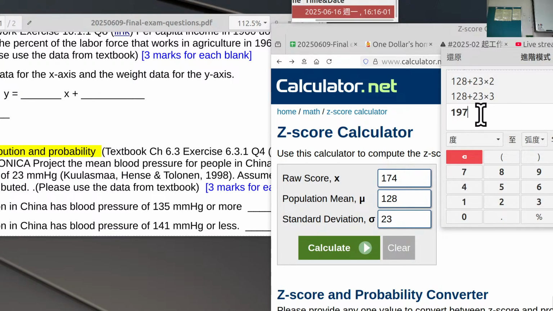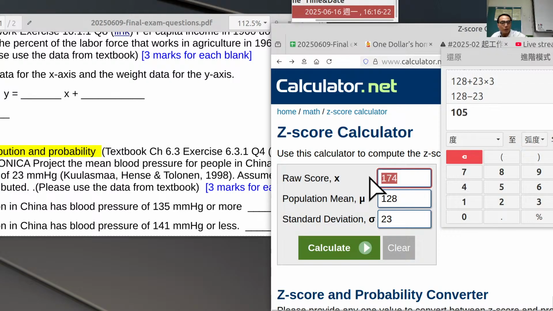Okay, one more question. After this question, I will shut up and tell you why. Please do one more calculation here. If I type 128 minus 23, that would be 105.